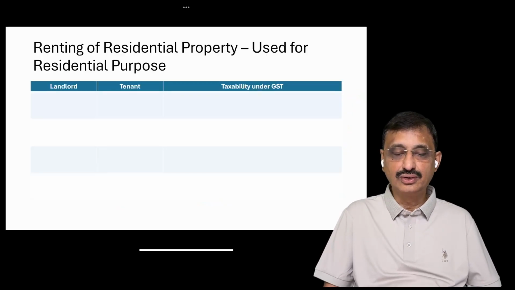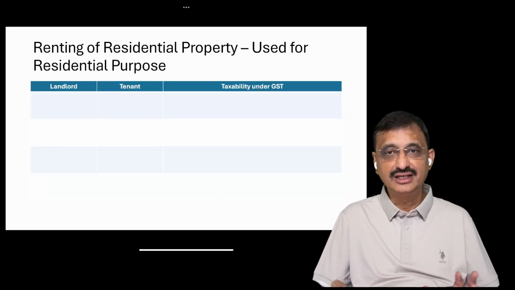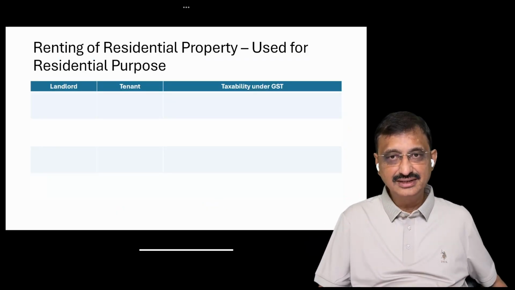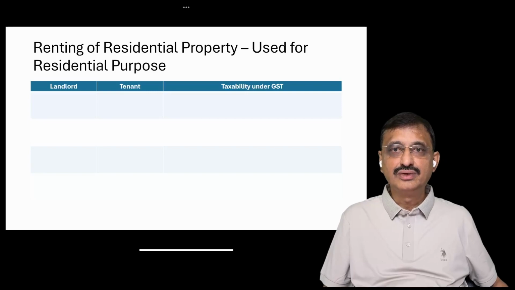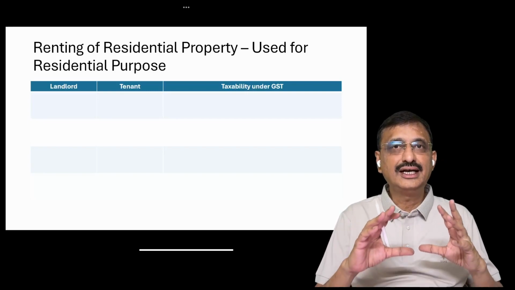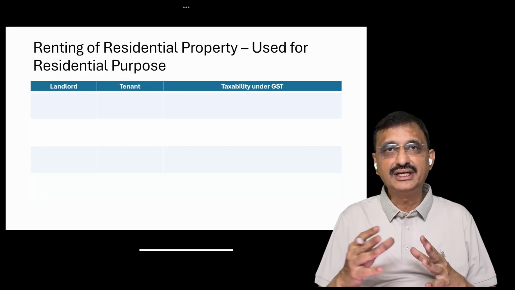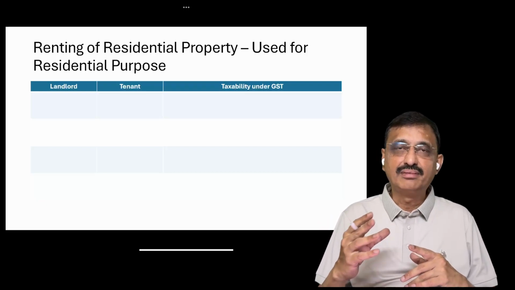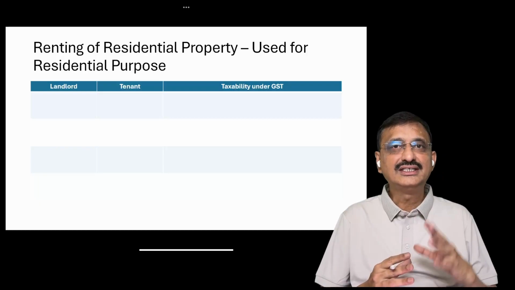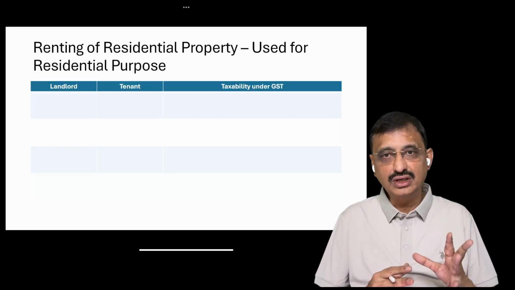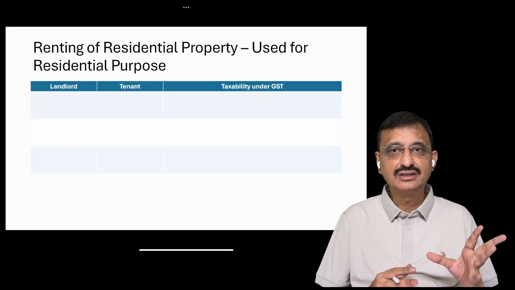Okay. So, till now, what we have done is we have classified the buildings. Point number one, we understood SAC 9972, and also we learned a bit about SAC 9963. What is exemption as per entry number 12 of the exemption notification?